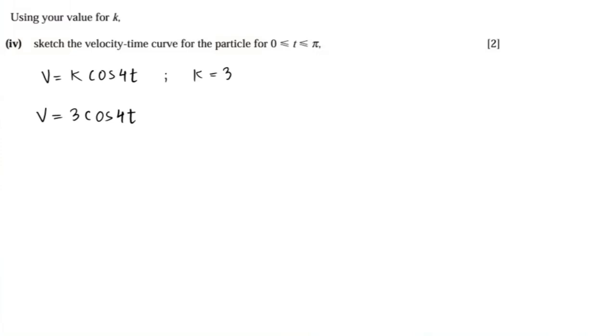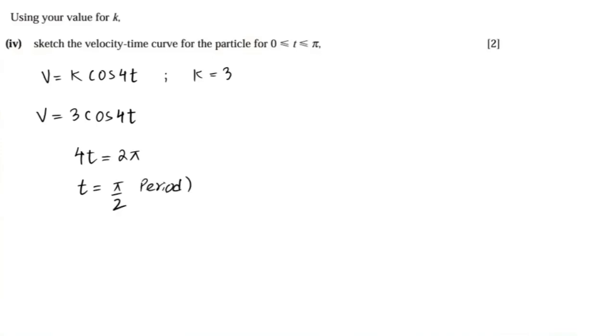Keep in mind that there is a transformation going on. The amplitude is 3 and the frequency factor is 4, or you can say the period change factor. So put 4t equal to 2 pi since this is a radian measure. So t is pi over 2, and that is the period.